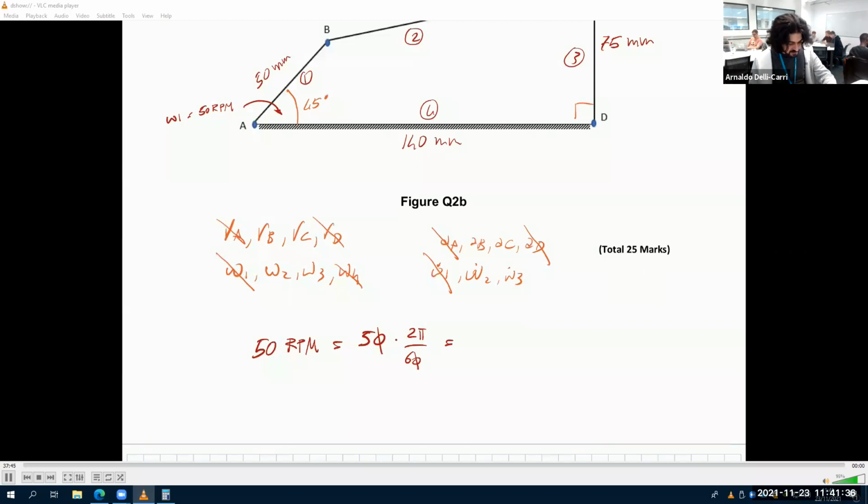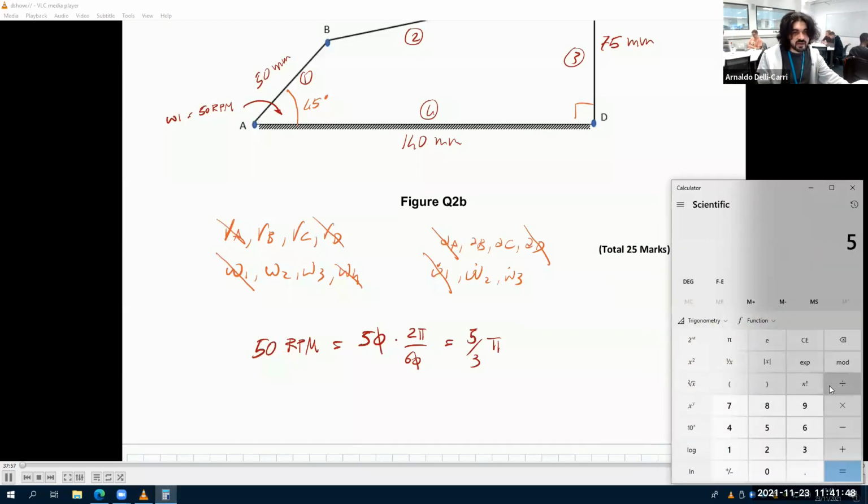So it's 10 over 6 pi, which is 5 over 3, which is 5 times pi divided by 3.